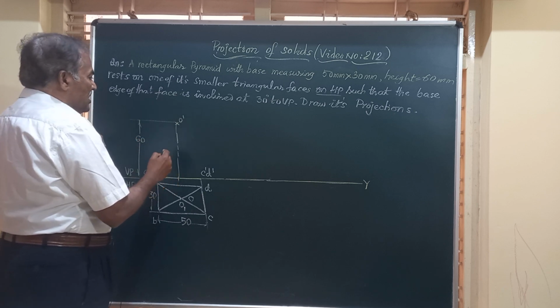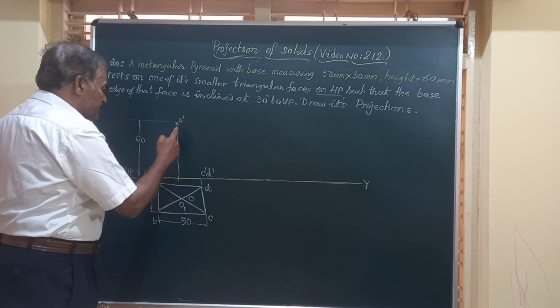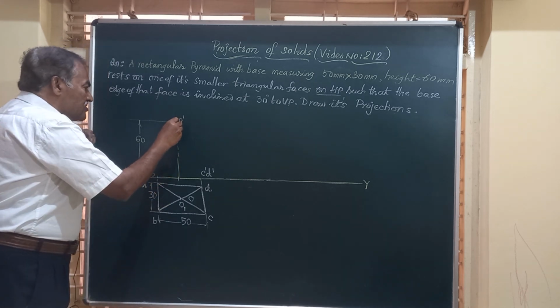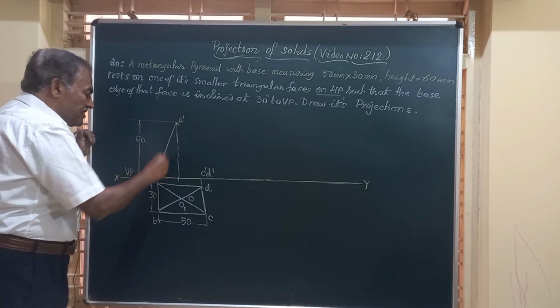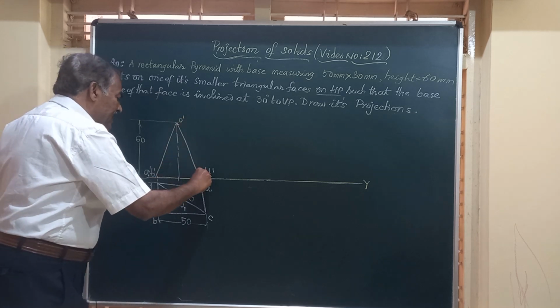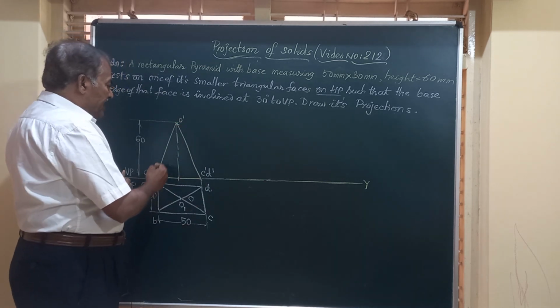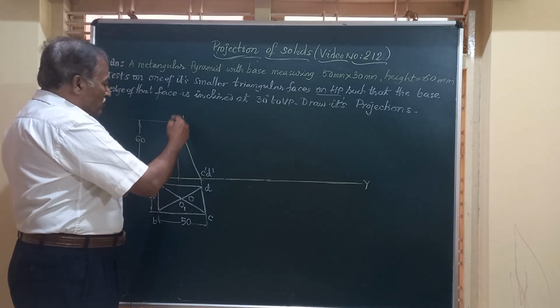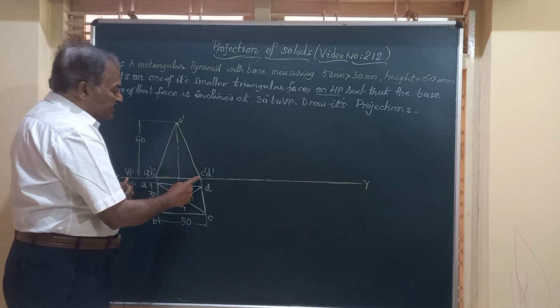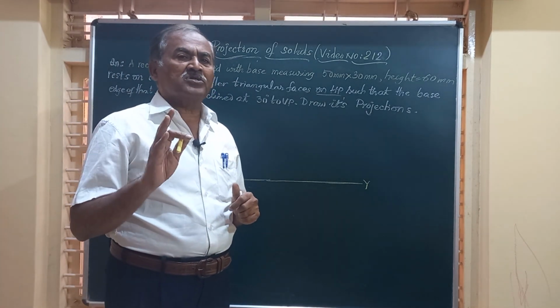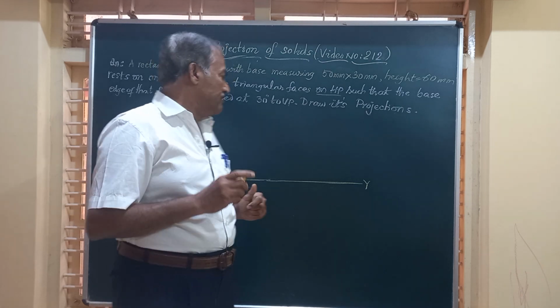And friends, I am going to join this vertex to all the corners. So I have to join O dash to A dash, O dash to B dash, O dash to C dash, and O dash to D dash. So O dash A dash, O dash B dash, O dash C dash, and O dash D dash represent the four slant edges of the pyramid.